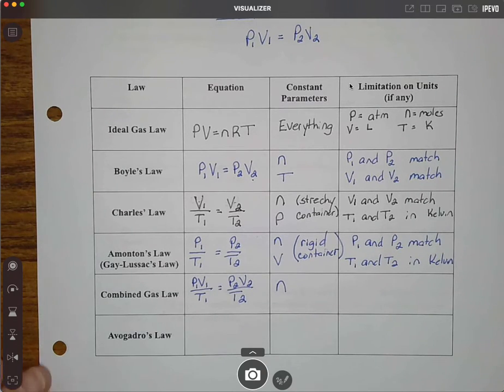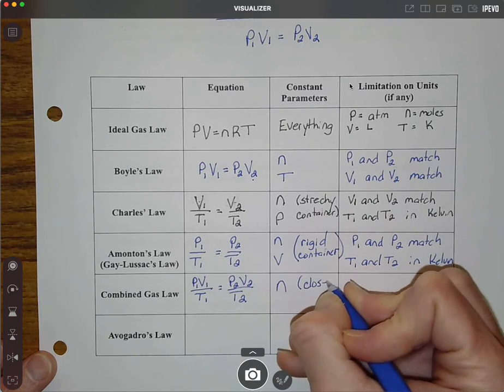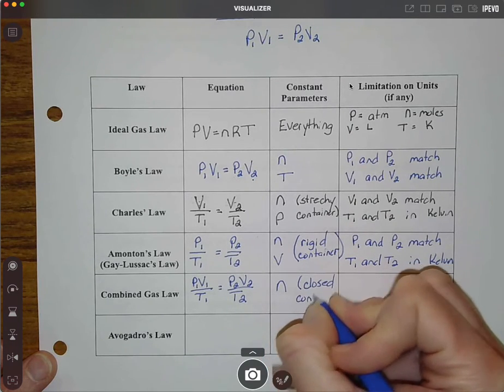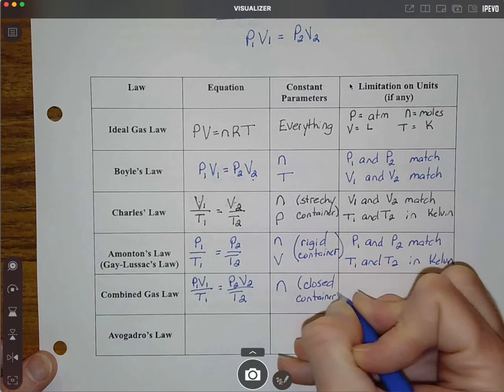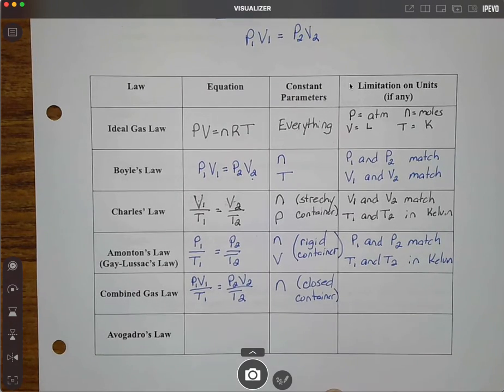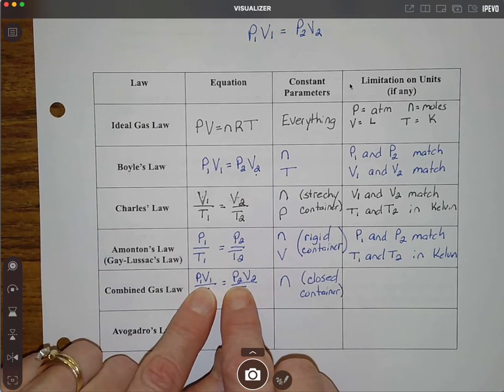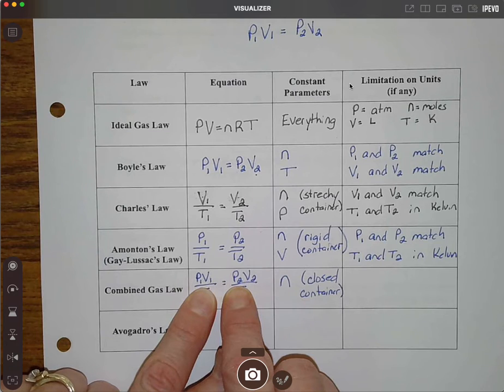That simplifies things a little bit. All you need is a closed container. It doesn't matter what kind of container it is, as long as it's got the lid on, you can use the combined gas law. The awesome thing about the combined gas law is that all the rest of them are here. If the temperature is constant, the two values for temperature cancel, and you have Boyle's law.